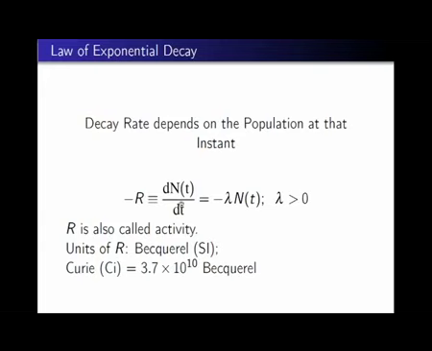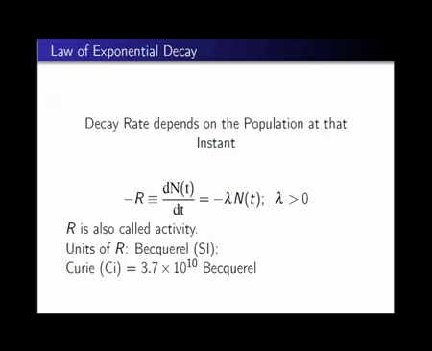I have written that. The summary is here: decay rate depends on the population at that instant. So, what am I saying? Suppose at a given time t, there are N of t parent nuclei. Then the decay rate depends on how many of them are there. If there are very few of them, then very few of them decay. If there are very large number of them, very large number of them decay.